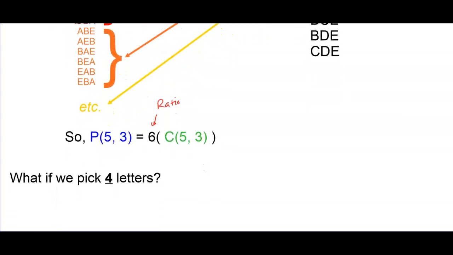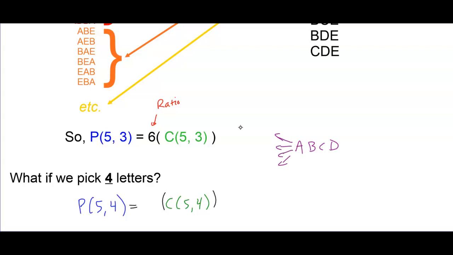For example, imagine if you picked 4 letters and you were trying to compare P54 versus something times C54. Now the question is, for any particular arrangement of letters, if you've got A, B, C, D, how many different ways can you rearrange these?